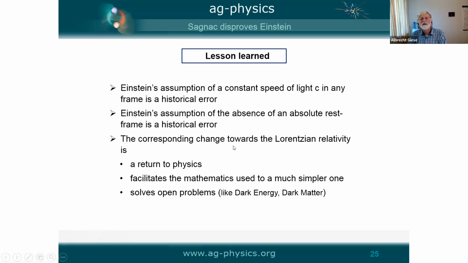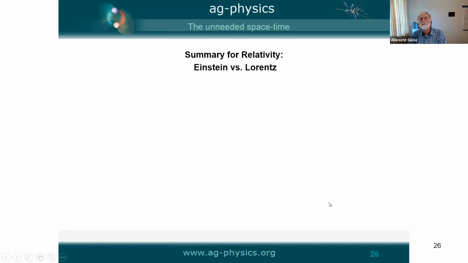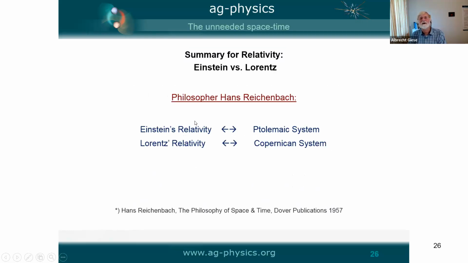The corresponding change towards Lorentzian relativity is a return to physics. It facilitates the mathematics used, making it much simpler, and it solves open problems like dark energy, dark matter, inflation, and so on.